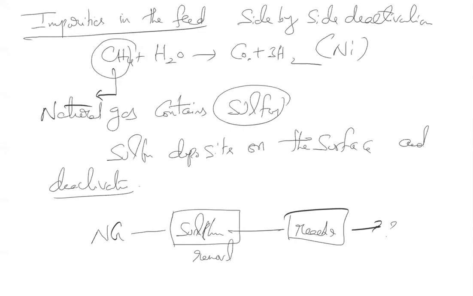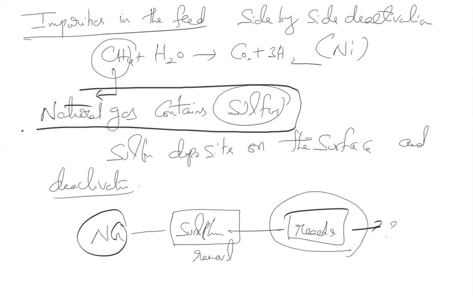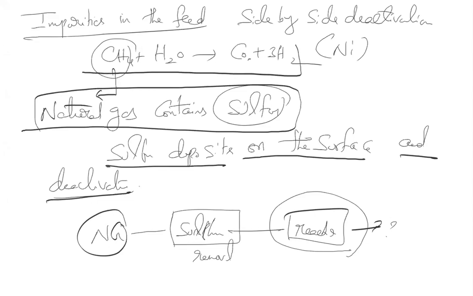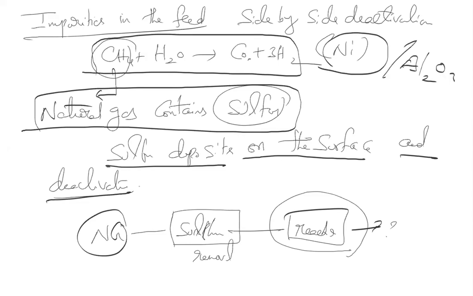The steam reforming of methane has a nickel catalyst dispersed on an Al2O3 support.